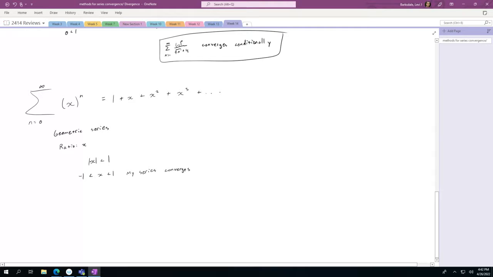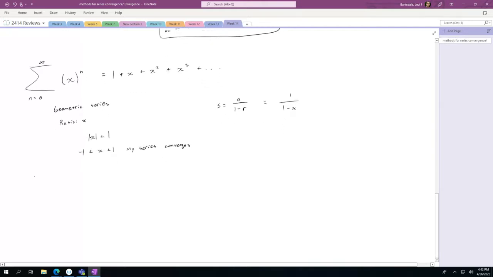In fact, I can even find the sum for this series, right? My sum, whenever I have x between -1 and +1, I can say that my sum is my first term divided by 1 minus my ratio. Well, my first term is 1, right? And my ratio is x, right?